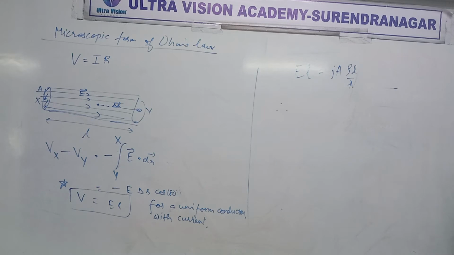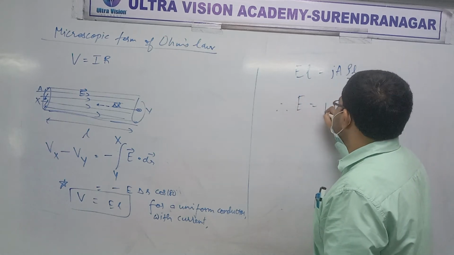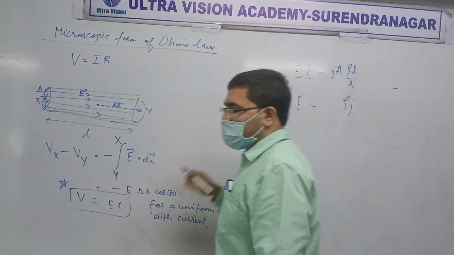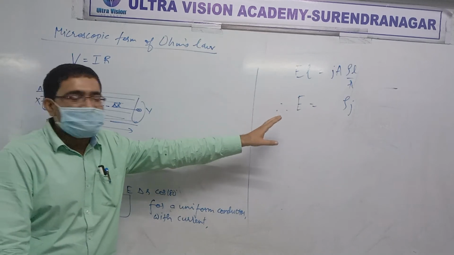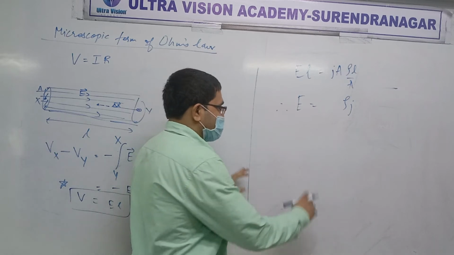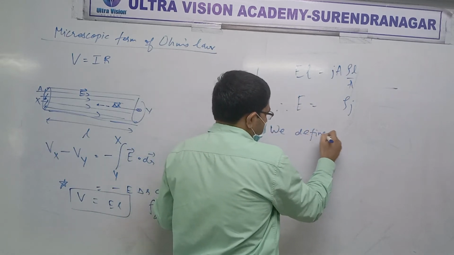A cancelled. So E is equal to J into rho. You might remember rho J better. Is it fine? So E is rho into J, but we will not write it in this form actually. We will define a new quantity.